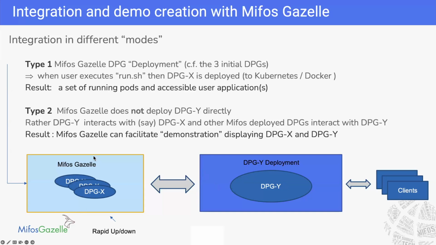And that could create a very quick and a very useful demonstration environment of your digital public good for your clients, which I've tried to just represent on the right-hand side. And that's brought about because of the rapid up and down of all the infrastructure that would help show off your digital public good. I just mentioned the example of a fraud and risk management system. I think this would be a very good example of a type 2 integration.